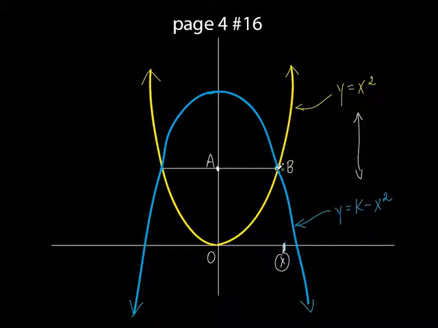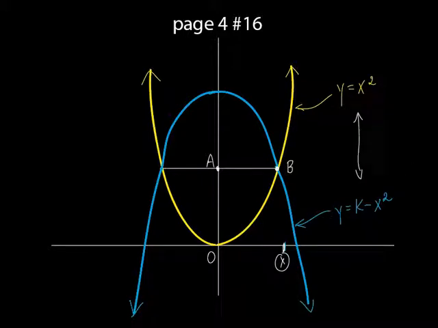The same exact x and y point must be shared by the yellow one and the blue one at that particular point right here. It's also true about here, but we're just concerned about AB. So the x and the y have to be exactly the same in both of these equations at that particular point. So we're going to take these two equations and set them equal to each other.